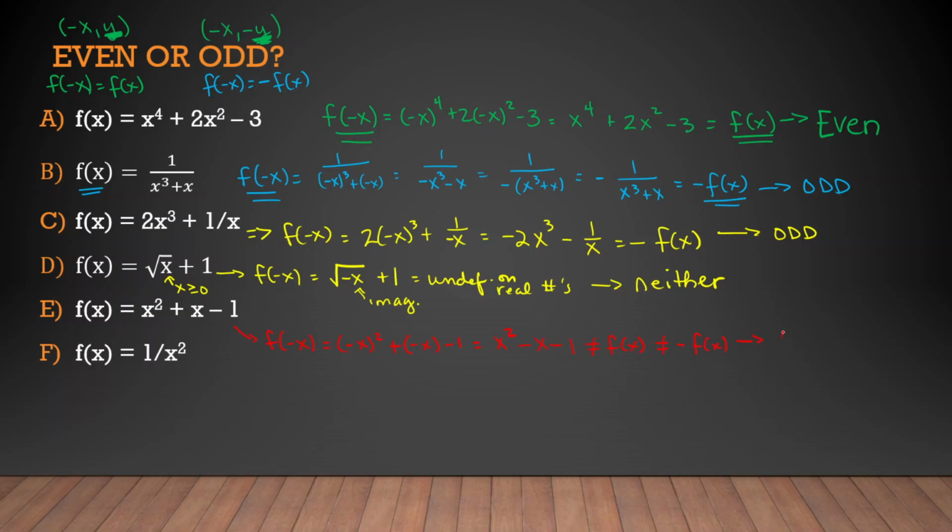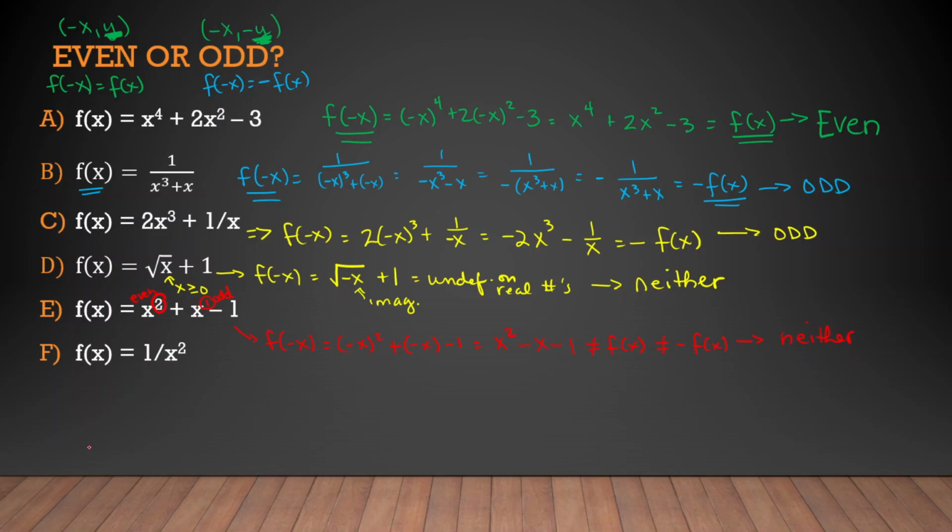So this is also neither. Notice I had an even exponent and I had an odd exponent. So a lot of times when that happens, we end up with neither. Okay, but you want to verify it and make sure that we're not causing a problem. Because sometimes in these fraction ones, we can still end up odd.